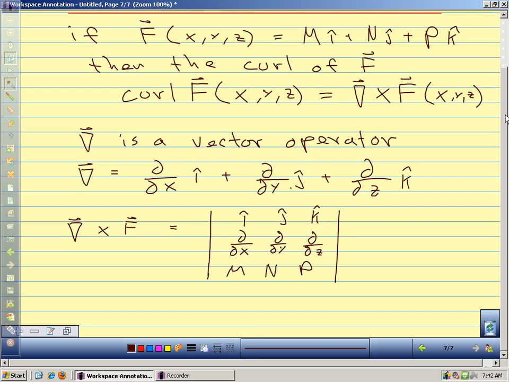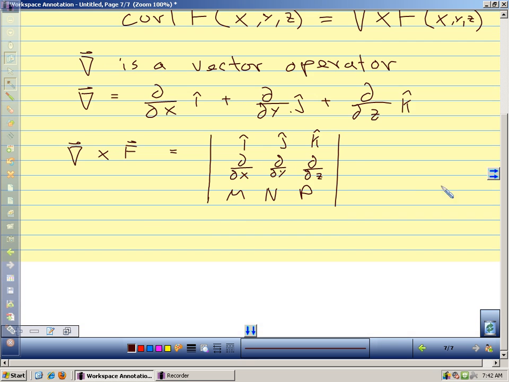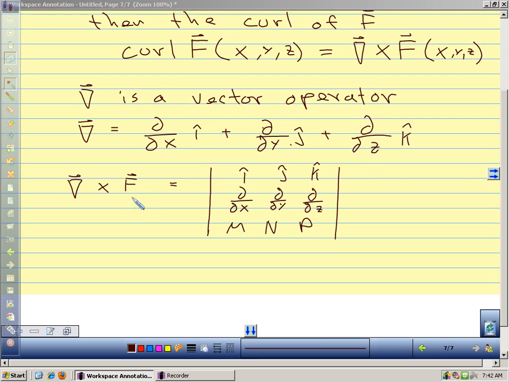So this is how we figure out the curl of a vector field. Take the cross product of our del operator with our vector field.